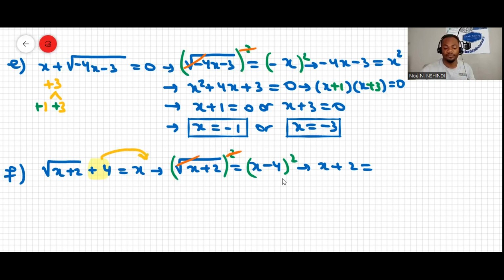We have a formula for that, but let's just extend it. Note that this is not x squared minus 16, okay? This is x minus 4 times x minus 4. Then we can solve by extending: x times x, times negative 4, or negative 4 times x, or negative 4 times negative 4.